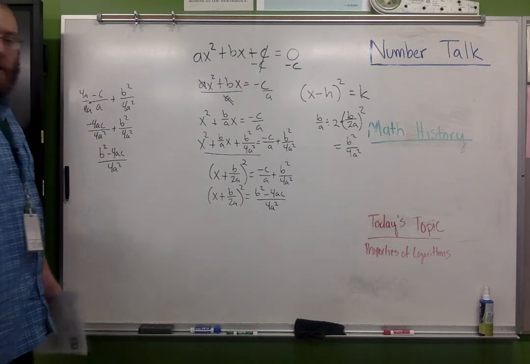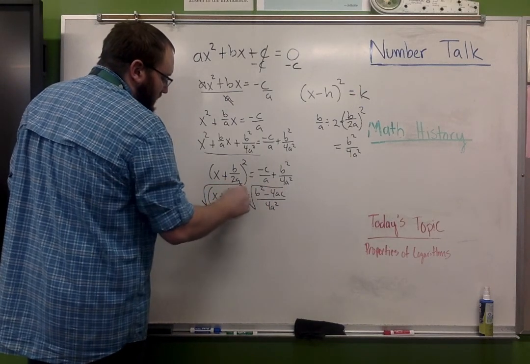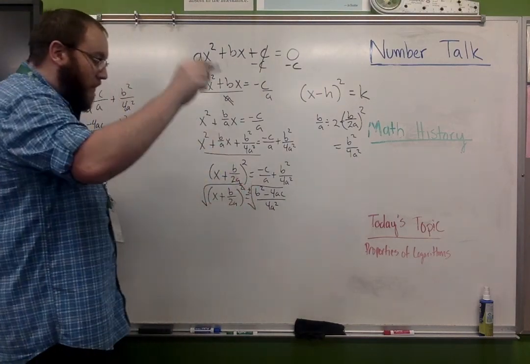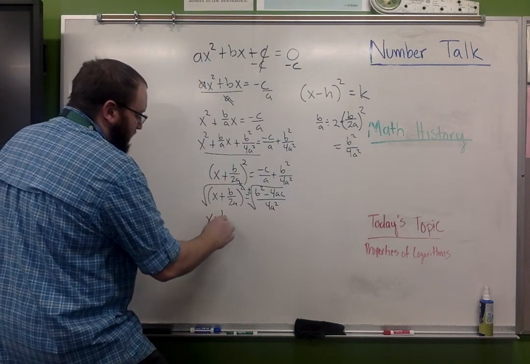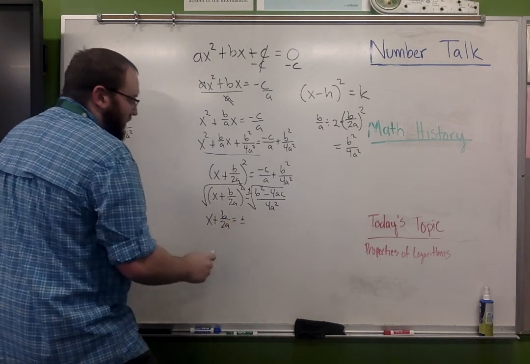To undo a square, you take a square root, so I'm going to square root both sides. Remember, whenever you take a square root, you have to add your plus or minus. So now I have x plus b over 2a equals plus or minus.